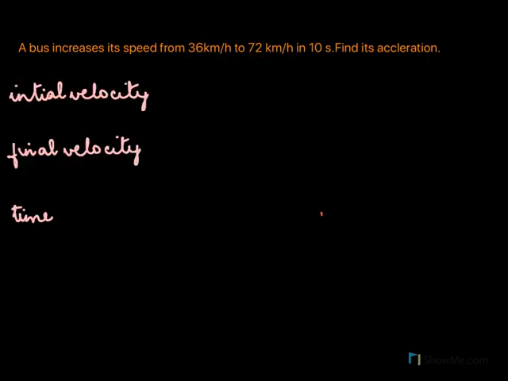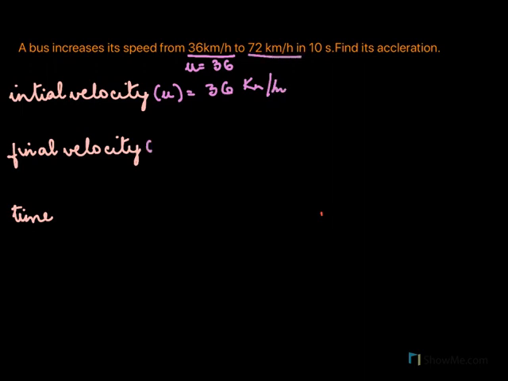A bus increases its speed from 36 km per hour to 72 km per hour in 10 seconds. Find its acceleration. The initial speed is 36, so u equal to 36 km per hour.